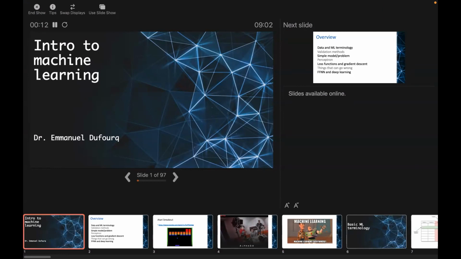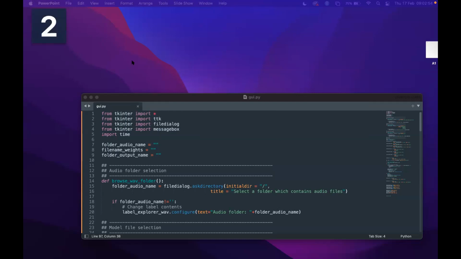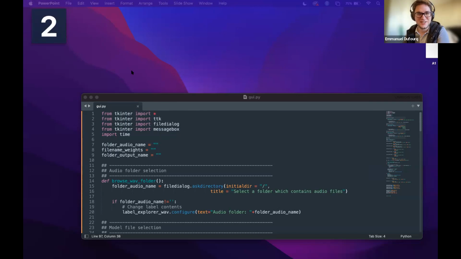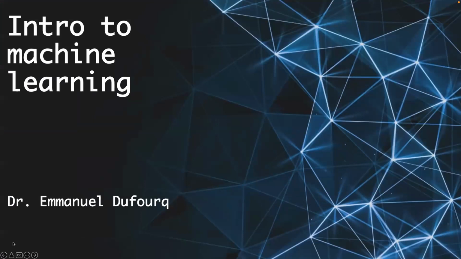Maybe if you have a way to go on full screen for the actual slide that you're discussing, we would see it a little bit bigger. I think it might be sharing the wrong screen. Now we see some Python code. Okay, let's try this one. That's perfect, much better. Great. Thank you very much.